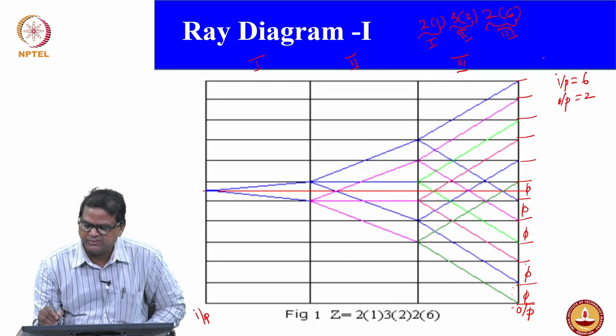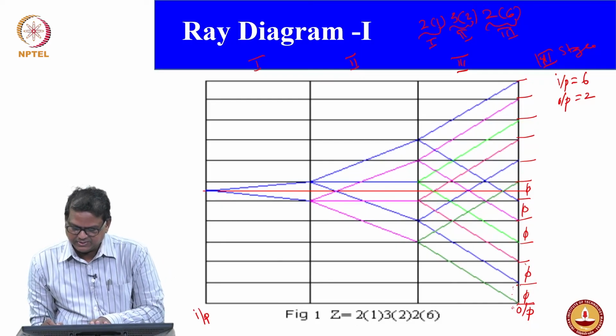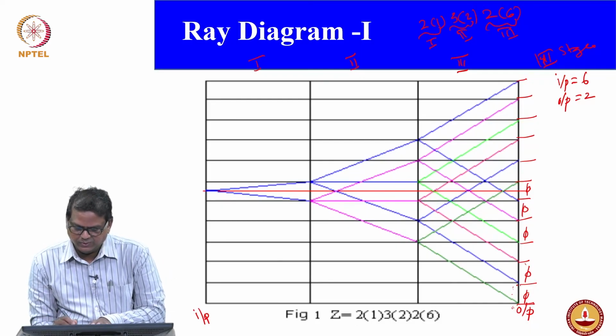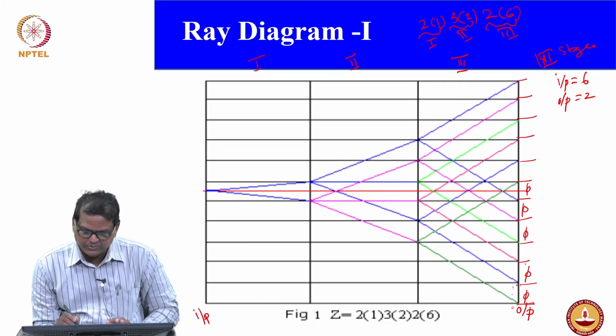I am talking about the third stage. Look, I need to have 6 inputs. How many inputs are there here?